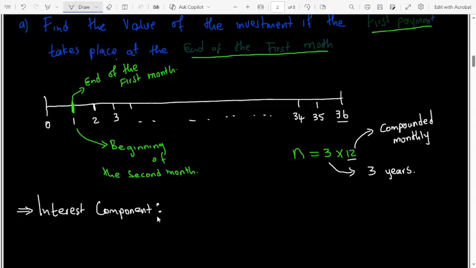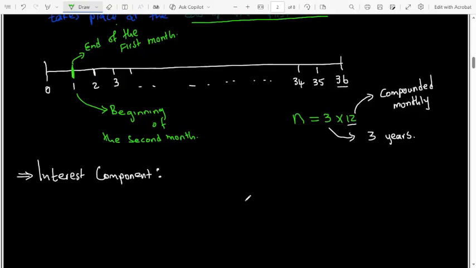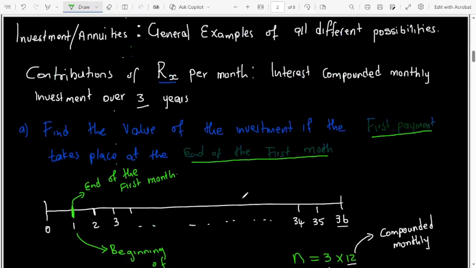I'm going to explain that as we keep moving, and you're going to see that it appears in most of your questions. Look at this question that we have: we are contributing Rx per month, and the interest is compounded monthly for 3 years.